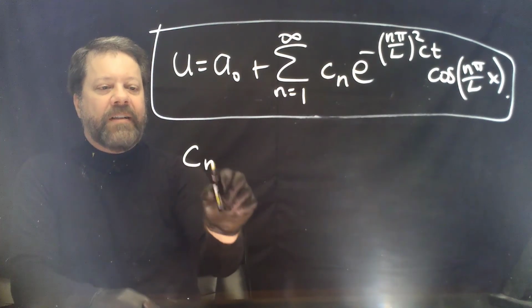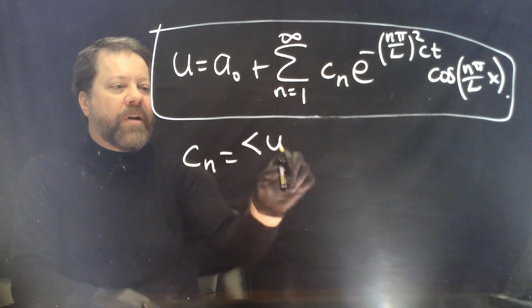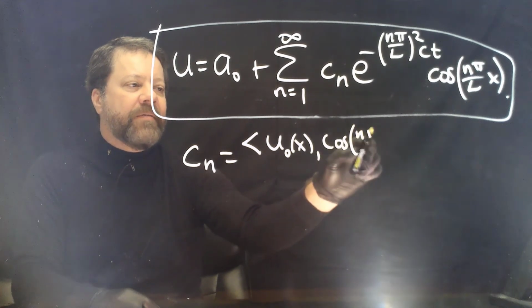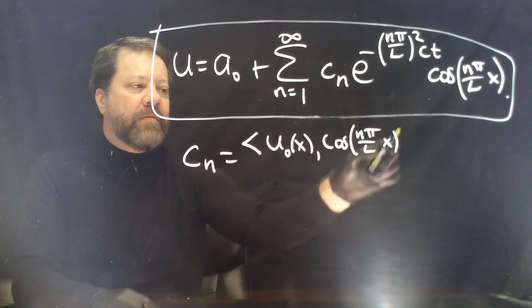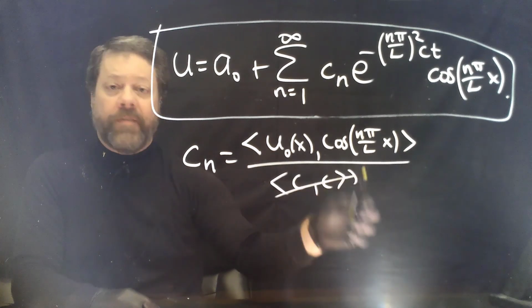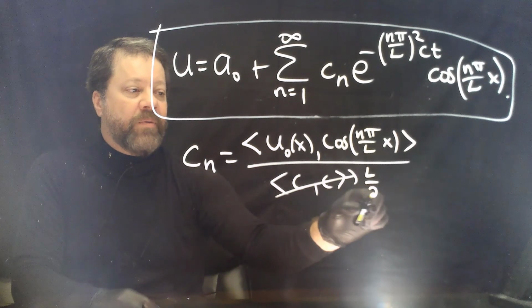Also, Cn should be the inner product of the initial data with our cosines. And the inner product of the cosine with itself was L over 2.